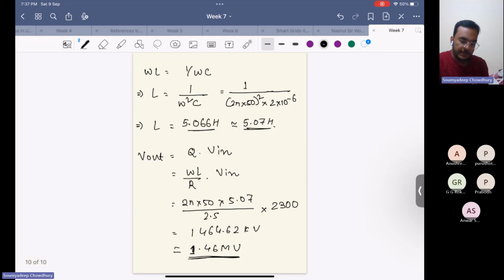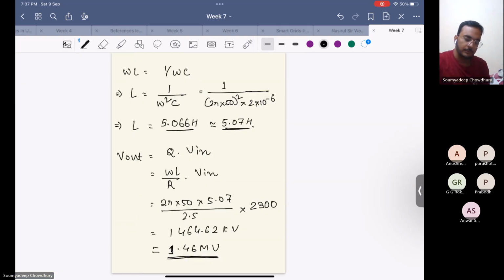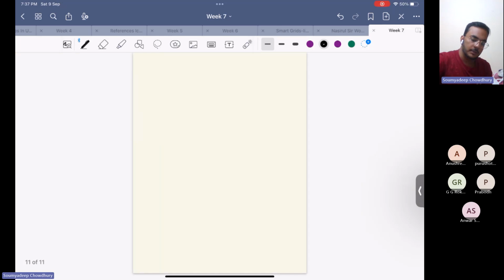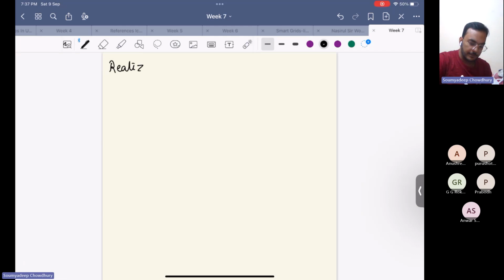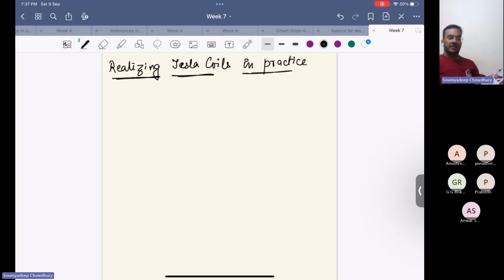So next we will take up a small topic. 10 minutes more we will spend. How can we realize these Tesla coils in practice? We discussed the Tesla coil, right? How we can generate high frequency, high magnitude AC voltages.